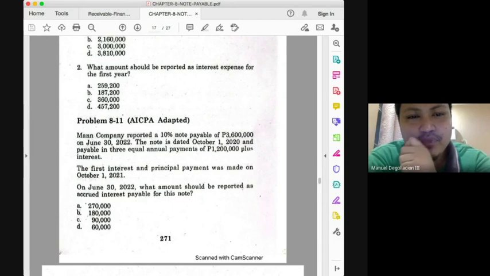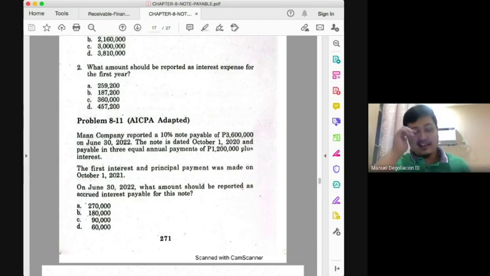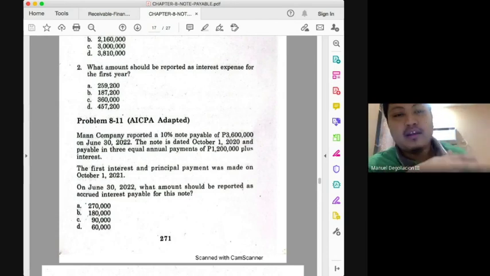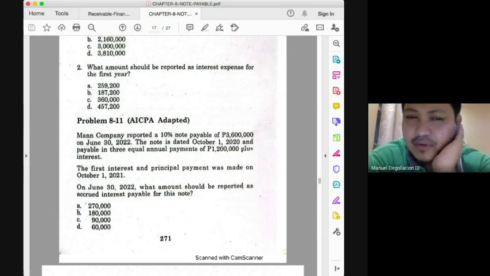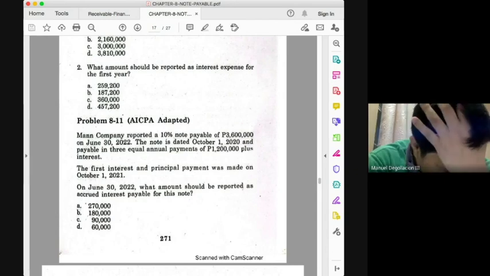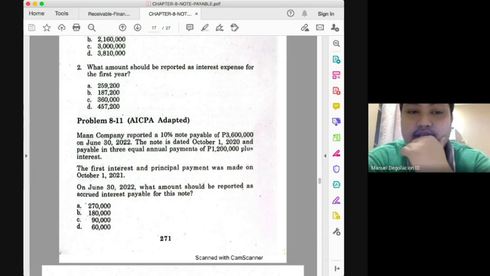From October 1, 2020 up to October 1, 2021, the promissory note will earn 1 year worth of interest. If it started at 3,600,000 and earned 1 year worth of interest of 10%, multiplying 10% with 3,600,000, you would get 360,000.